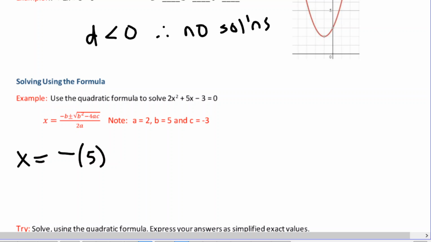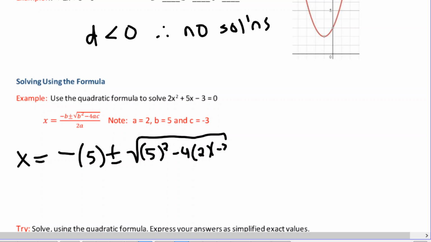I would recommend putting all these things in brackets so that you're not missing anything. You're not losing negatives that you have or losing negatives that are already there. Plus or minus the square root of 5 squared minus 4 times 2 times negative 3, all divided by 2 times 2.